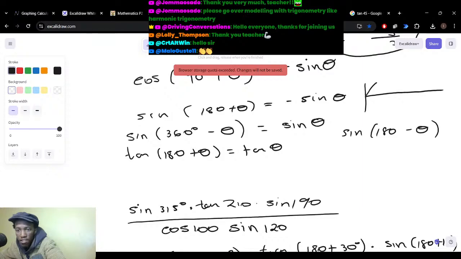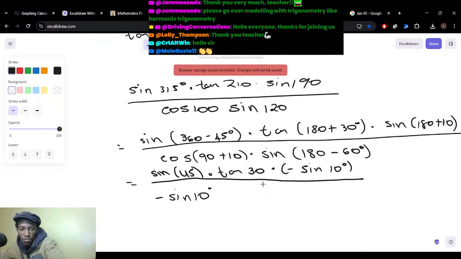This is our sine graph. So this is 180, and if we move this to here, it resembles a negative sine graph. So this is minus sine 60.